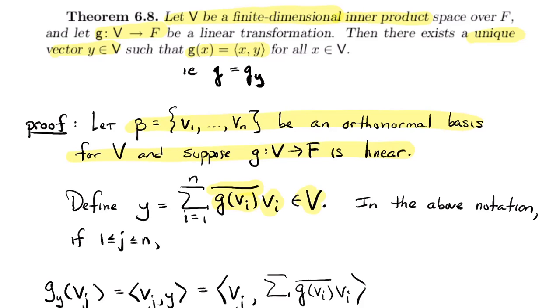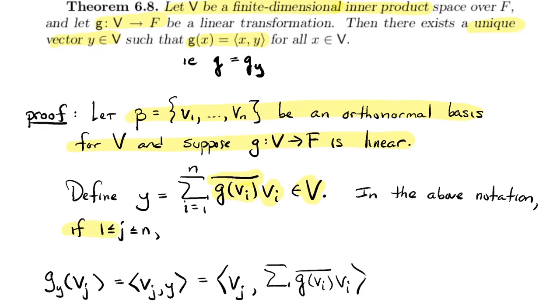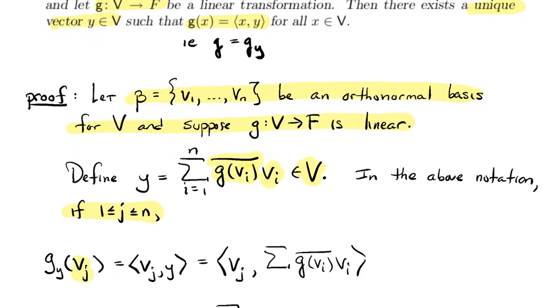And then I just want to check that inner producting against that y will recover our function g. Since everything is linear here, we can just check on a basis. So if you pick a basis element, say vj, a j somewhere between 1 and n, and you apply our map in the notation above, g sub y of that, that's just the inner product of vj with y.